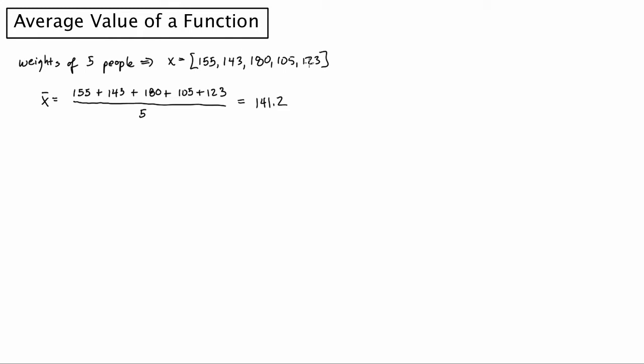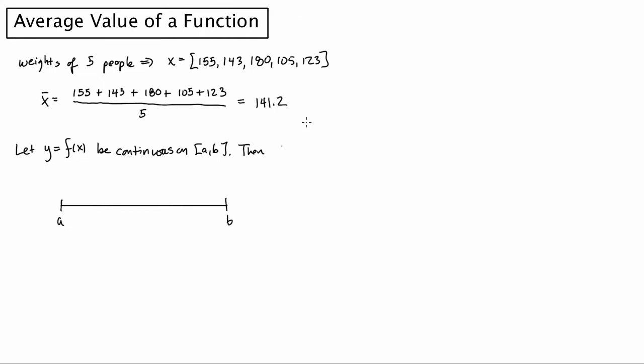How does this relate to calculus? Well, let the function y equals f of x be continuous, meaning there are no breaks in the function, on the interval from a to b. Then I want to look at a partition. I'm going to take the interval from a to b and break it up into several pieces.